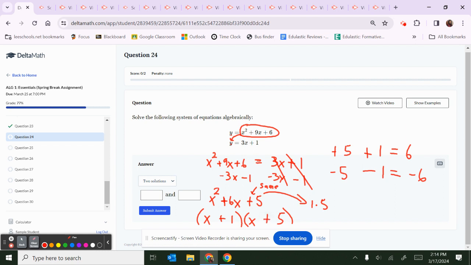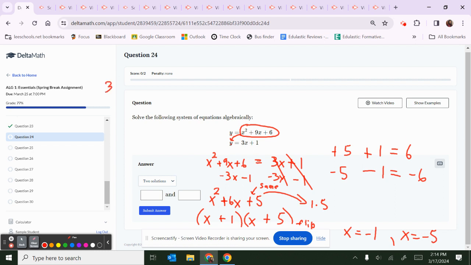Again, guys, these are the factored forms, but I need to find the values of x. So now I'm going to flip the signs, so your x could be a negative 1, and your x could be a negative 5. Now we need to find the y's that go with them. So you're going to plug each of these x values into your shortest equation, which is the second equation.